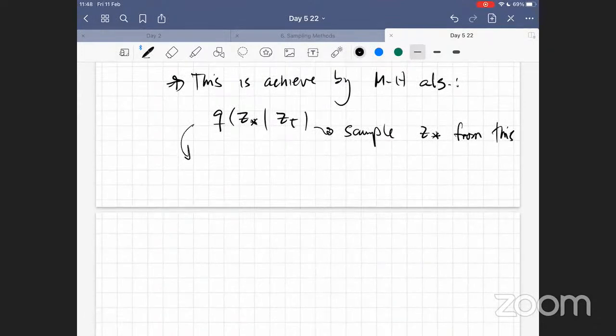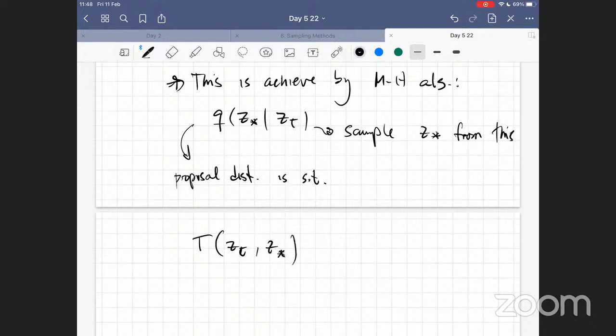So this proposal distribution is such that the transition probability from set tau to set star is equal to this proposal distribution times the probability of accepting the new sample.